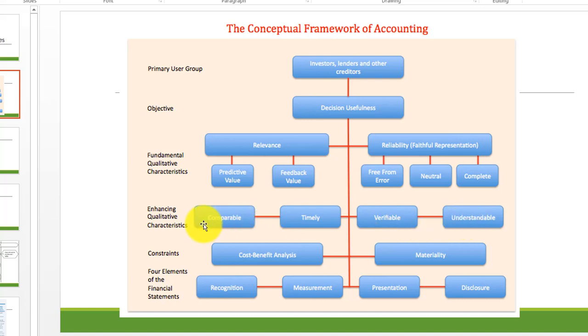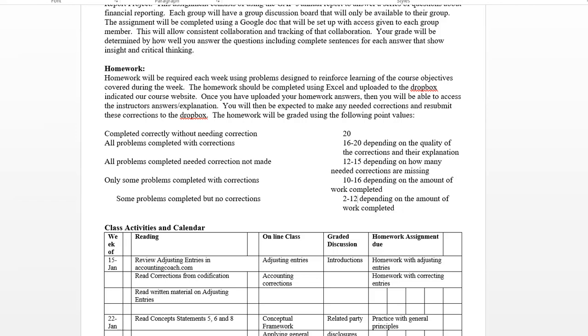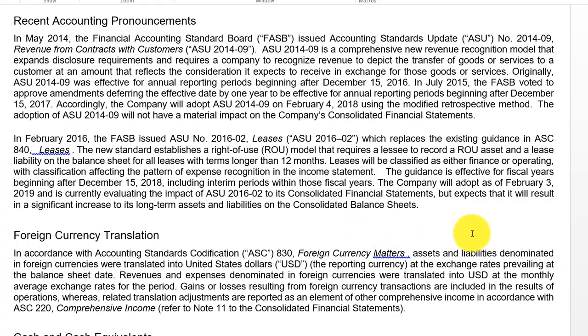It also affects our ability to be comparable, because if we change rules midstream, then some things will not match up. And so we need to make sure that everybody understands how that might work, so that they can actually make comparisons between companies and that sort of thing, and years for that matter.